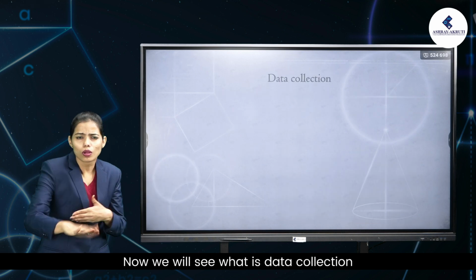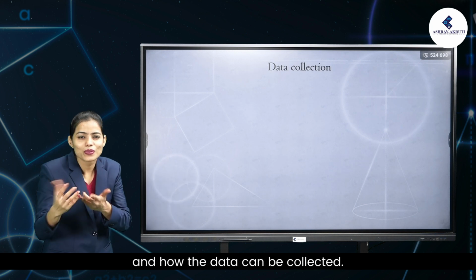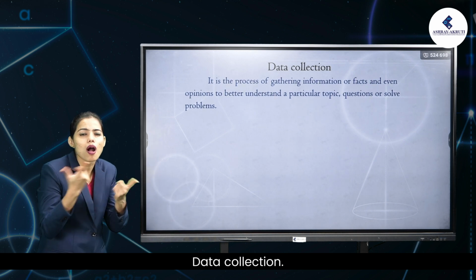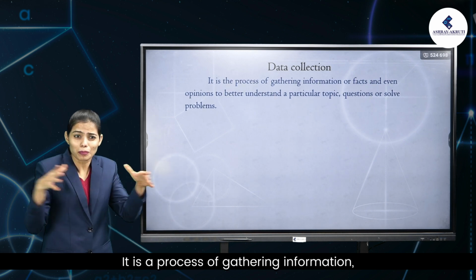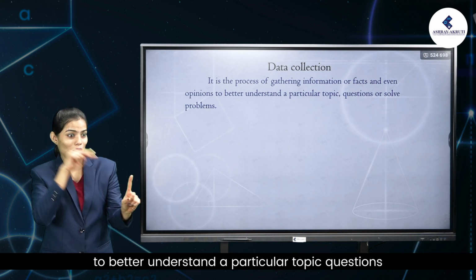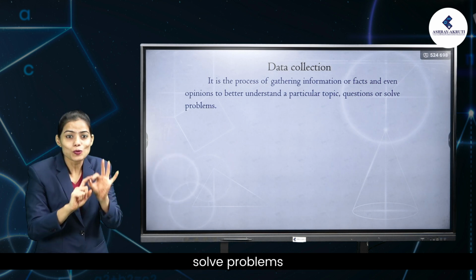Now we will see what is data collection and how the data can be collected. Data collection. It is the process of gathering information or facts and even opinions to better understand a particular topic, question, or solve problems.